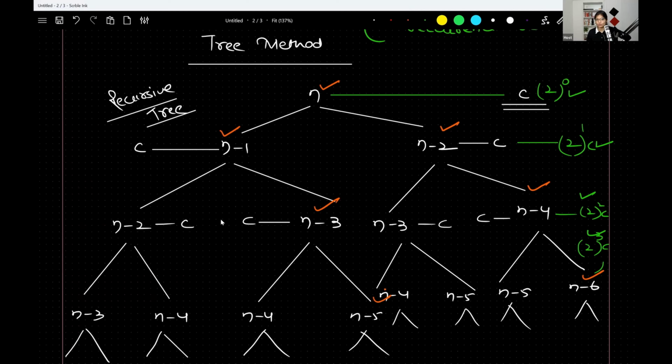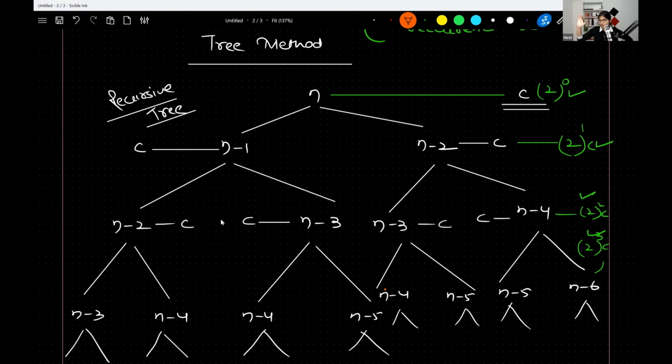So what you are trying to do in the right side is n-2k. Can I say this approximately? This is what we are doing. At the kth level, what is the generalized statement which you will be able to give me? n-k-2.